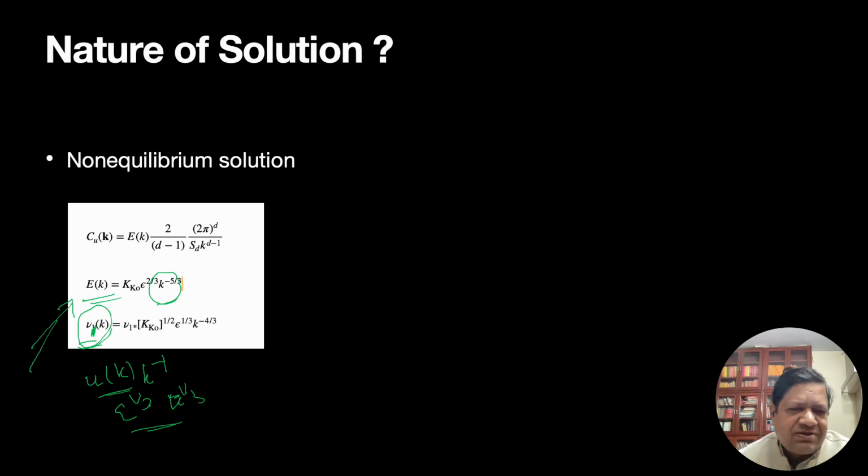If we substitute this, then I get k to the minus 4/3, epsilon to the 1/3, which is the functional dependence in terms of epsilon and k. But there are prefactors, so we'll have nu1 star, which is a constant we don't know and would like to compute, and the square root of the Kolmogorov constant. We keep it that way for reasons that will become clear.